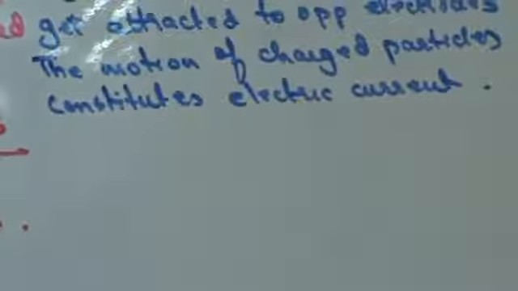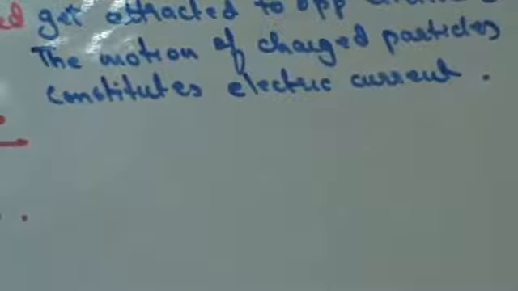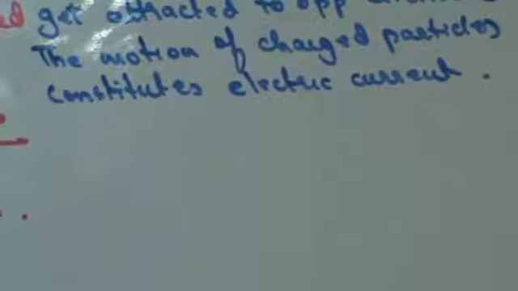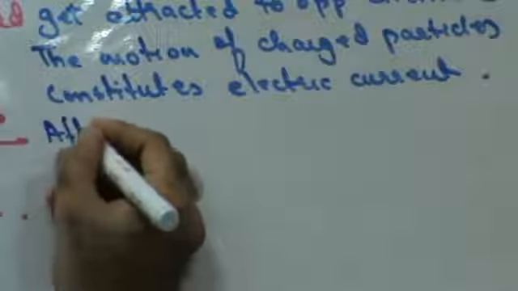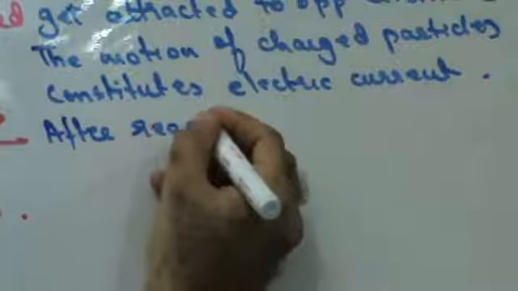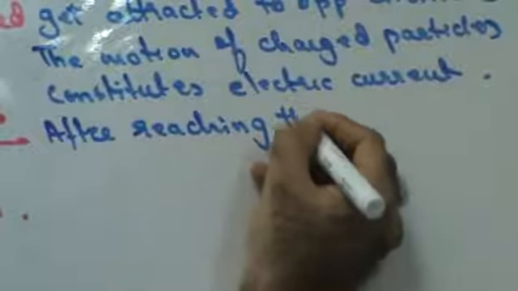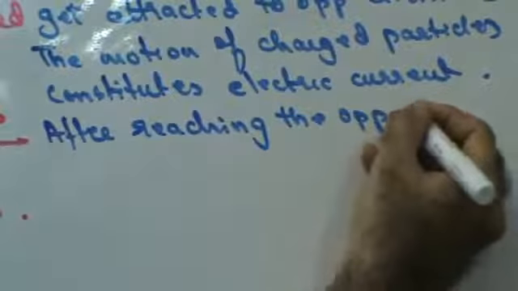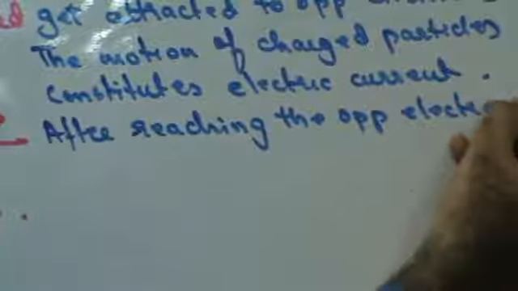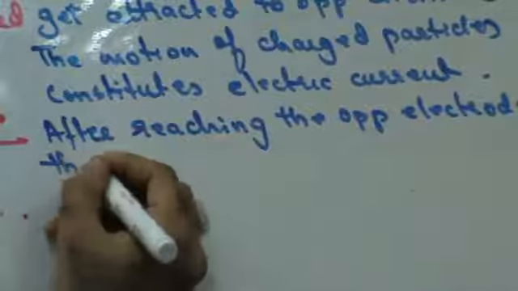That's how current flows through the solution. Fine. After reaching the opposite electrodes, the ions get discharged.